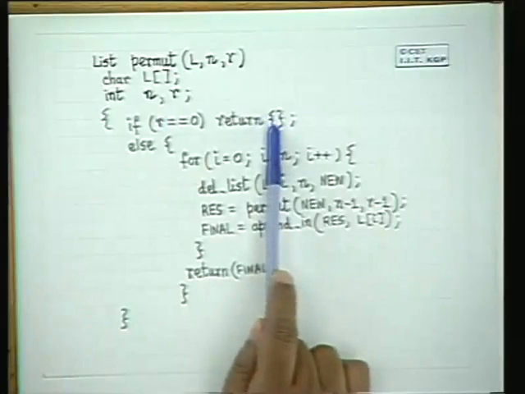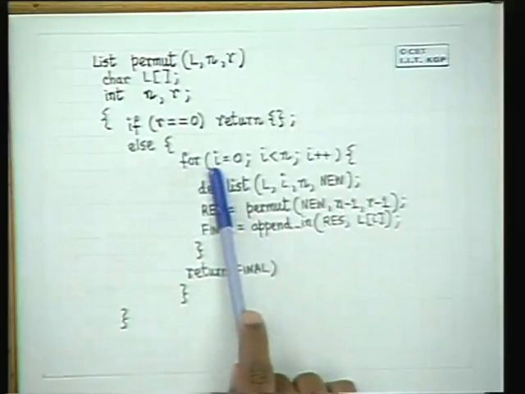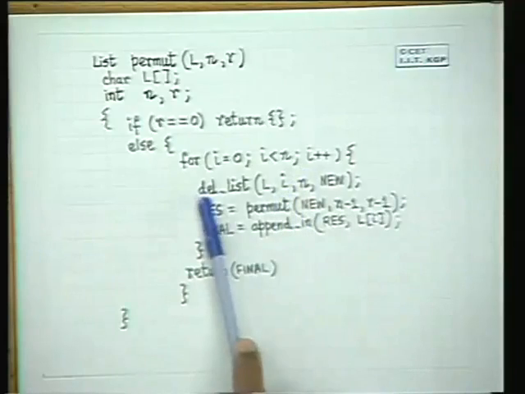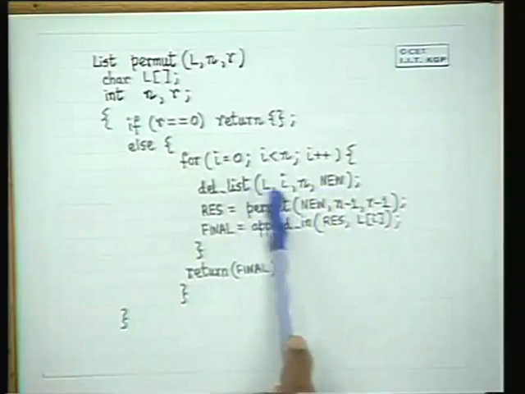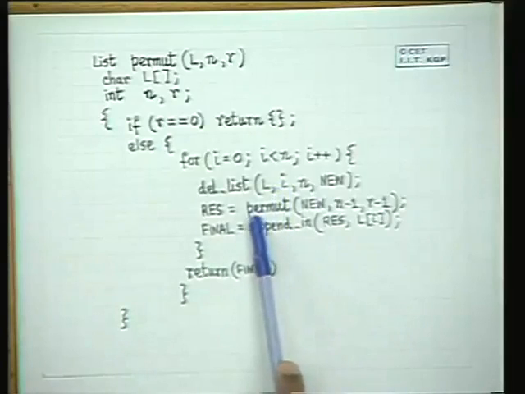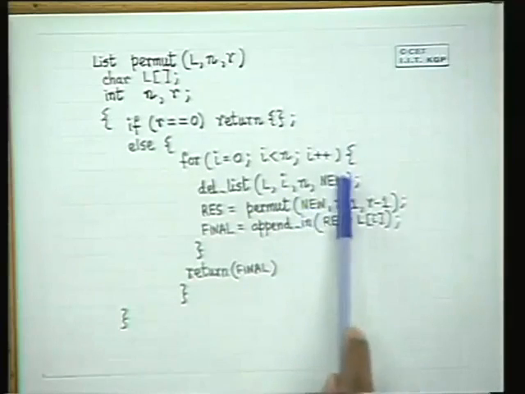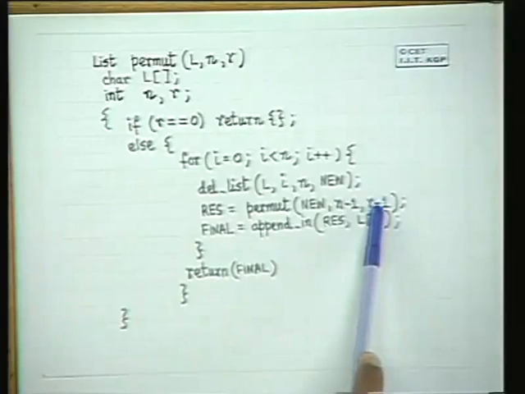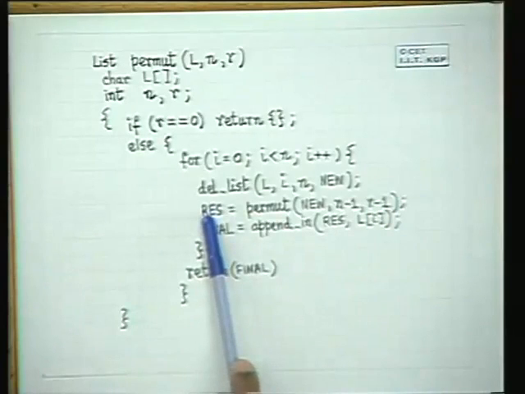So we return null. Else, for I equal to 0, I less than n, I plus plus, we use that function delete list. We delete the ith element, alright, and then we call it on new with n minus 1, r minus 1 as we discussed previously, and we get result.